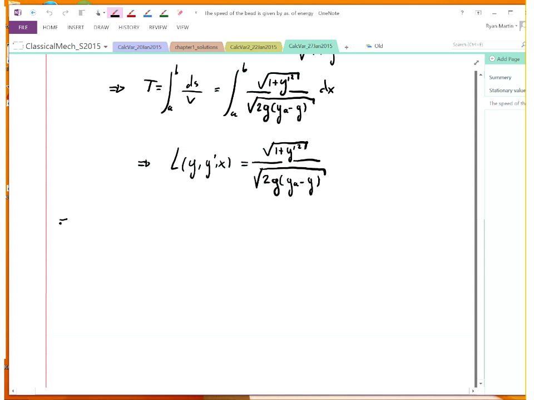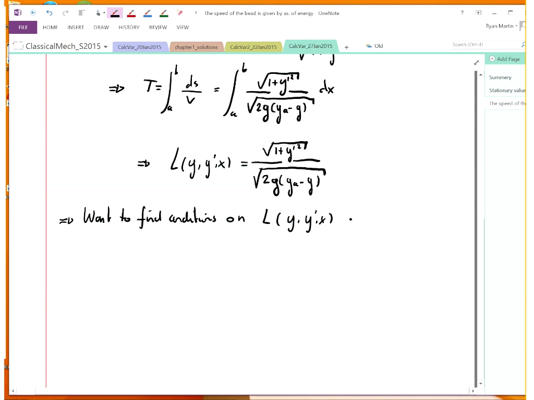So we want to find conditions on the function L that depends on y, its derivative, and x in general.